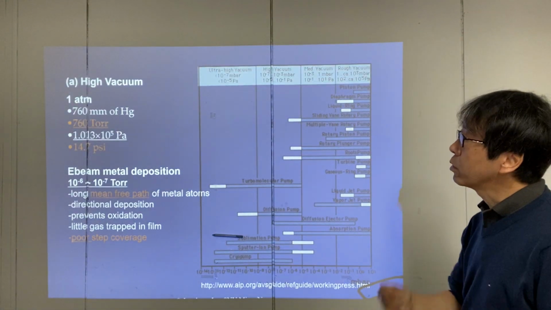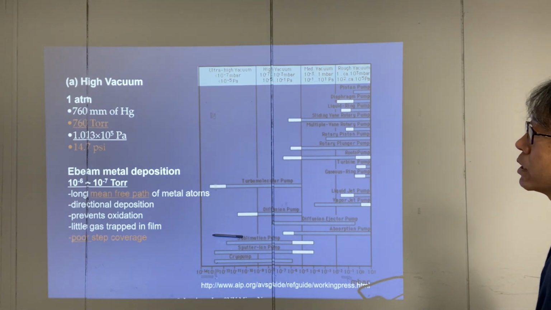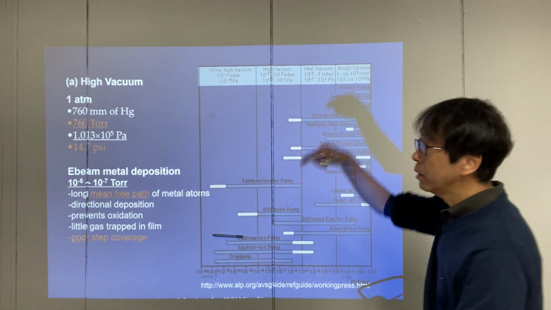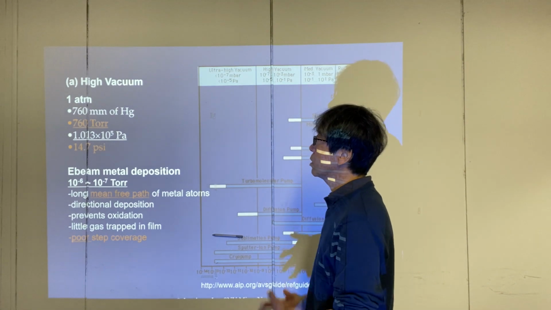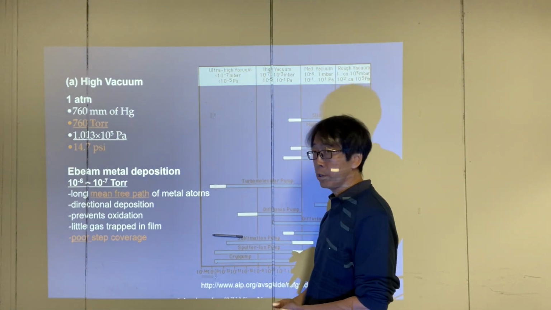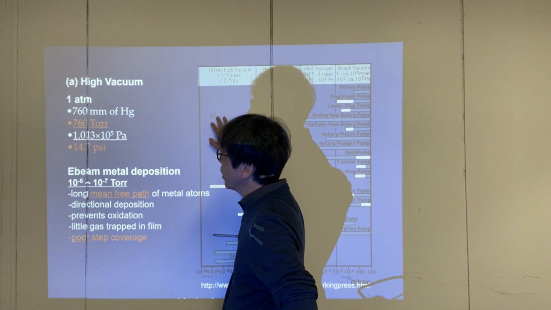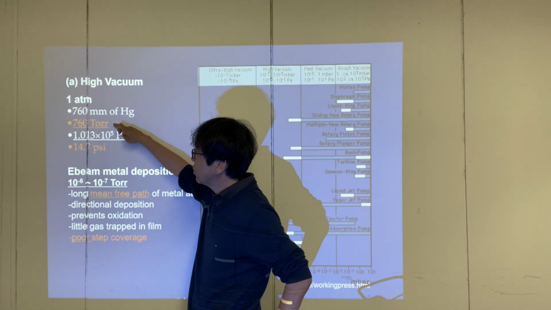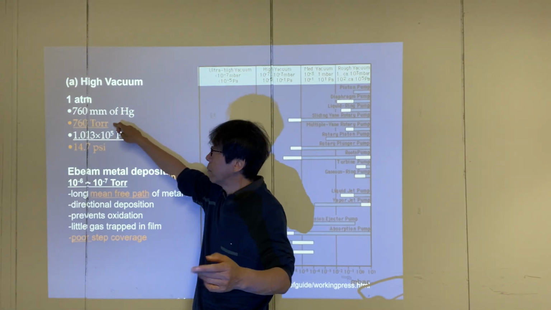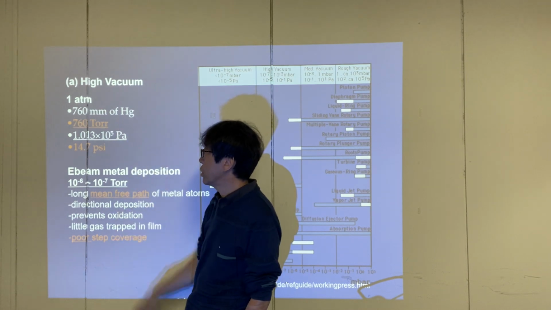We are talking about the vacuum, and 1 atm is 760 millimeter height of mercury, and this experiment was carried out by Torricelli, right? Italian scientist Torricelli. That's why we call this 760 torr in 1 atm at the standard condition, right? Named after Torricelli.